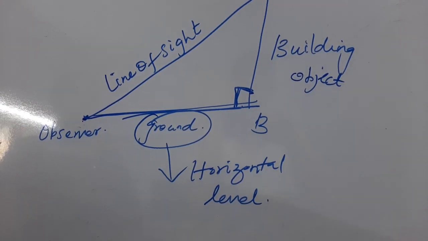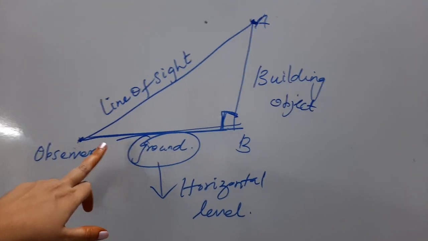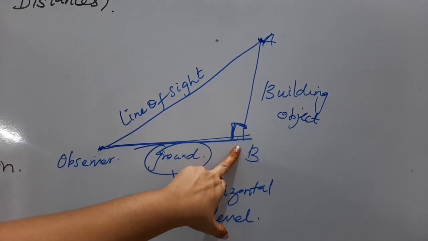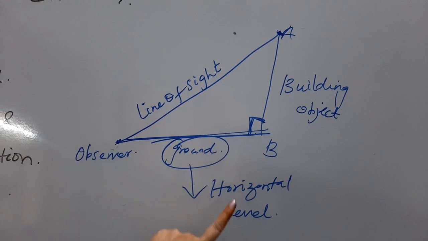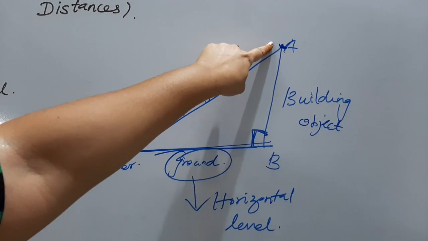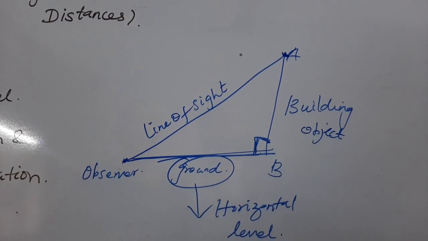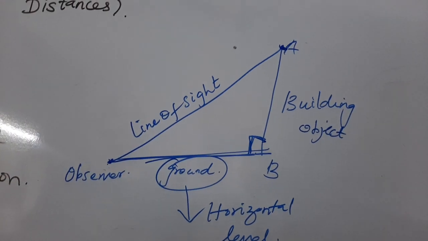So the horizontal line, it may be a plane or a ground on which the particular object is making 90 degrees, is called the horizontal level, and from the eye of the observer to a point on the object, if you draw a line, that line is the line of sight.